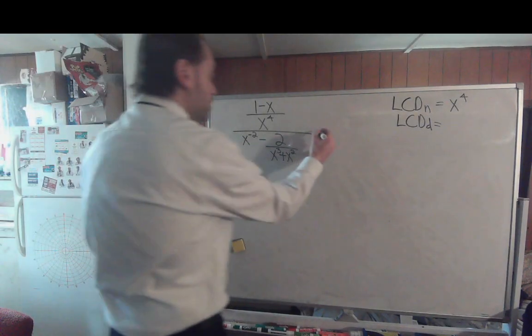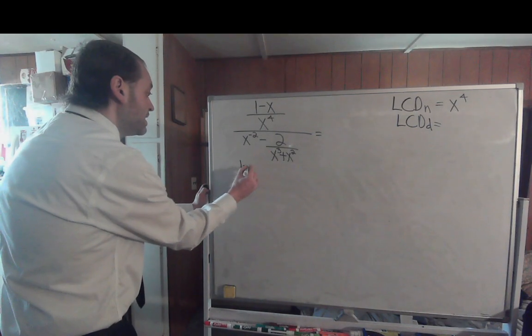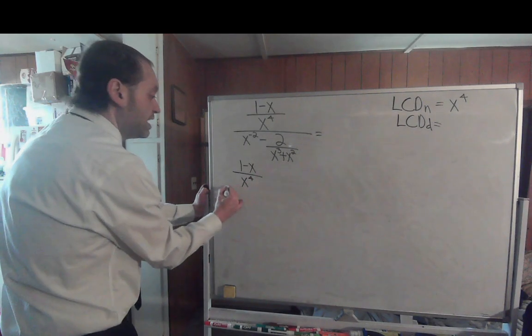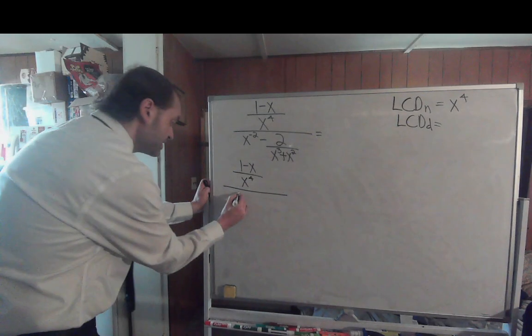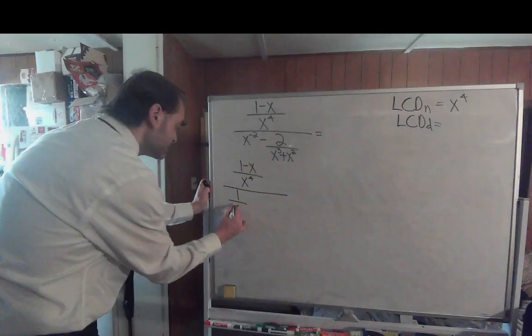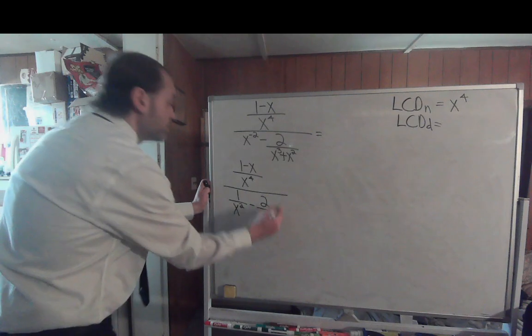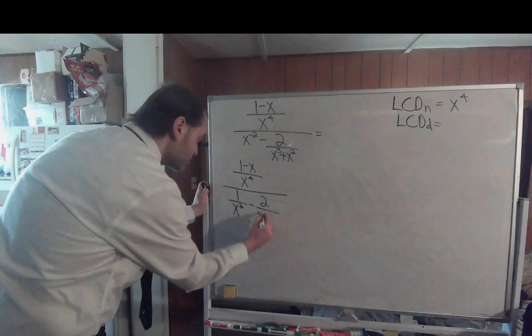Well, let's get to work on the denominator here. That 1 minus x over x to the fourth, there's really not a whole heck of a lot we can do with that. But that x to the negative second, that's the same as 1 over x to the second minus 2 all over this x to the third plus x squared. You can actually factor out an x squared.